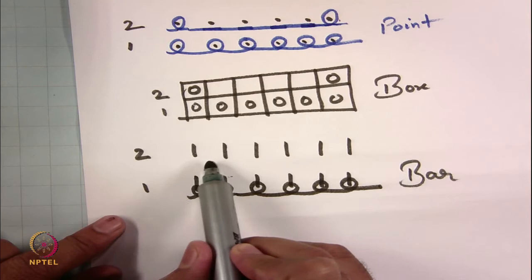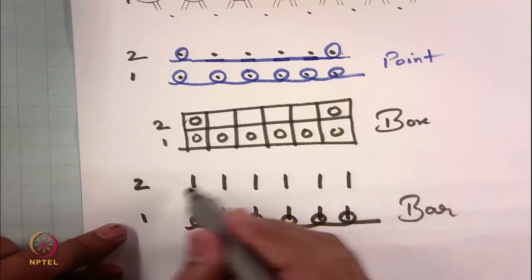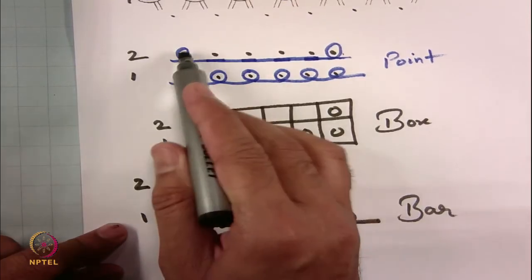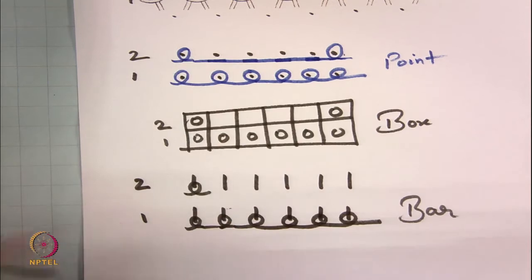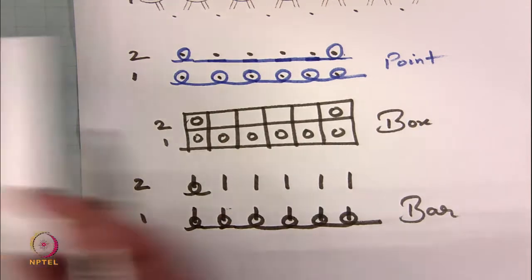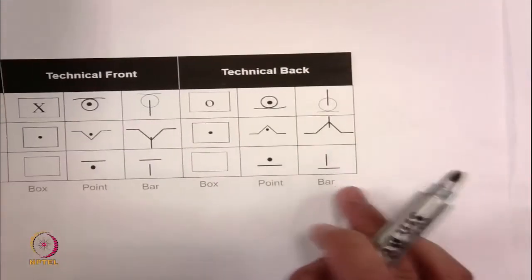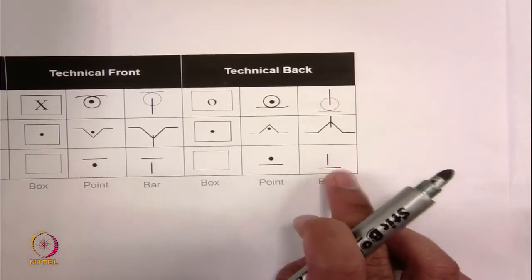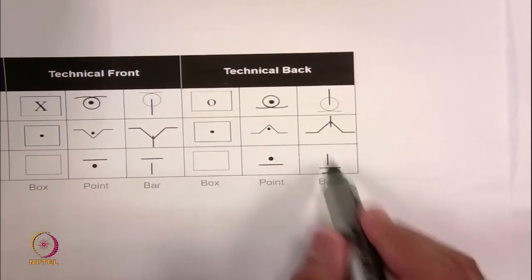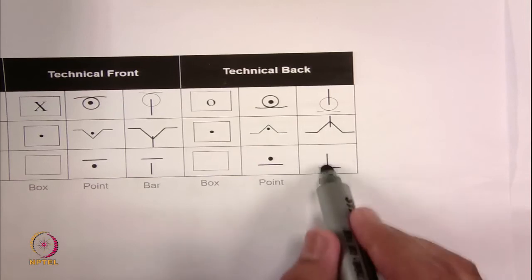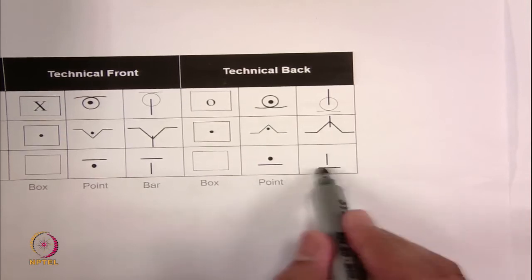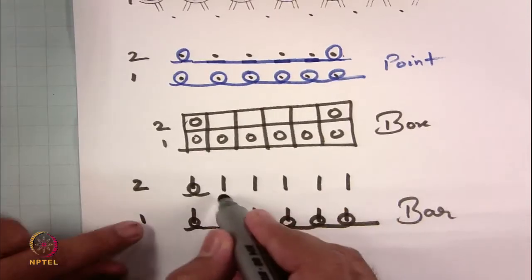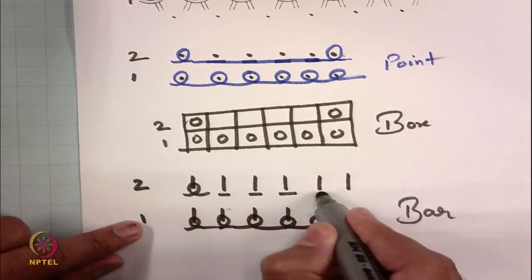If you go for second course, again the first one is technical back. So, you can see technical back, and how do we represent it in the bar notation? The technical back is represented by a straight line which is placed below the needle. So, this is the needle and you place a simple straight line.